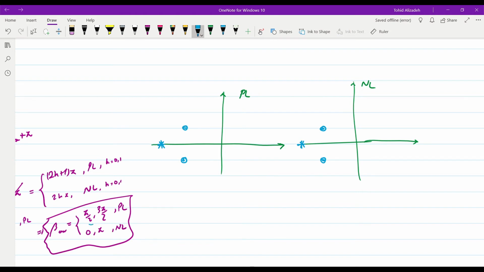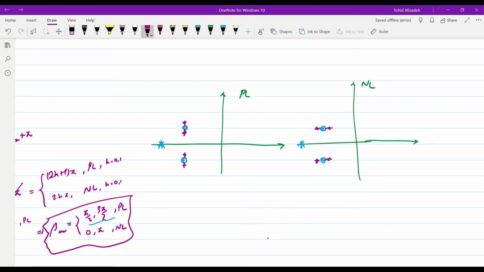For the positive locus, we will have pi over 2 and 3 pi over 2, so the branches will arrive like this, with the angle of pi over 2 and with the angle of 3 pi over 2. Since we have it for those zeros, we will have the mirrored ones for the zeros downwards. For the negative locus, they will arrive with the angles of 0 and pi.